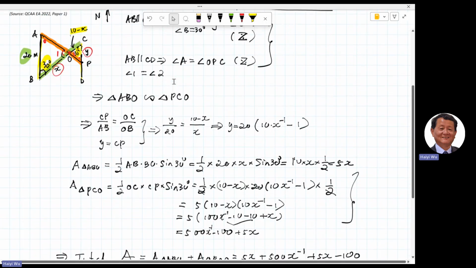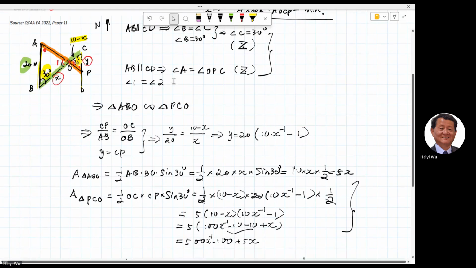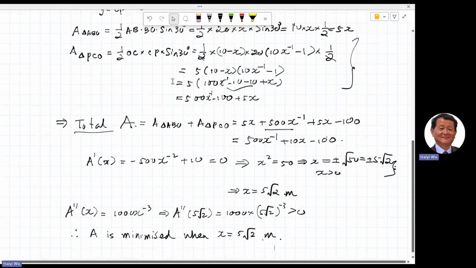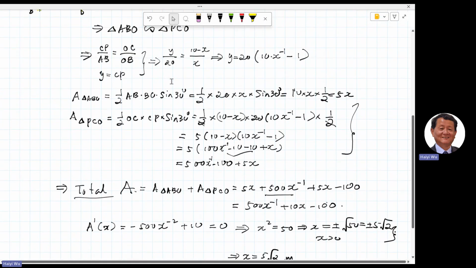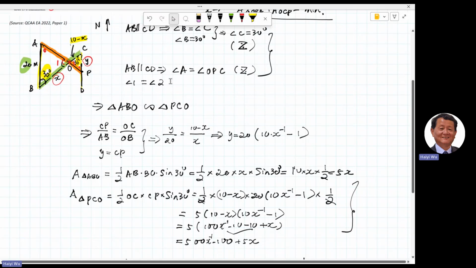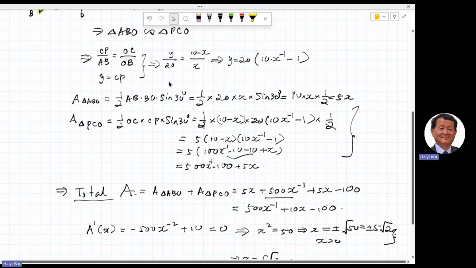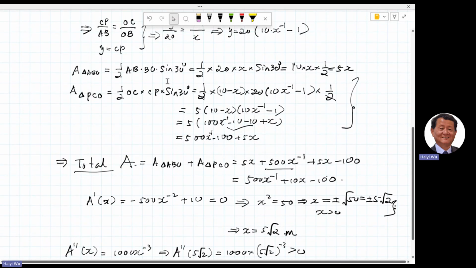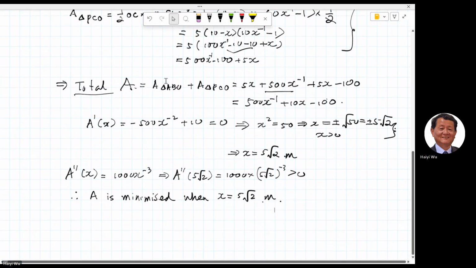So similar triangles as well. It's got geometry theory in it. So it's a pretty long solution, but involved with geometry and derivative and a double derivative.